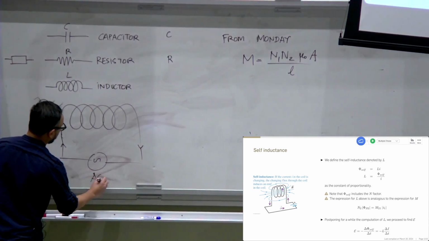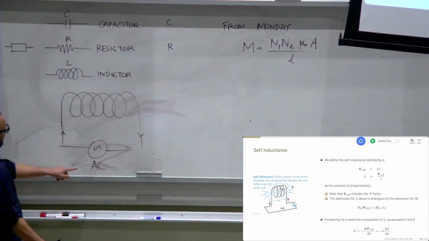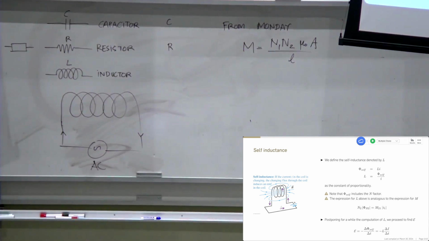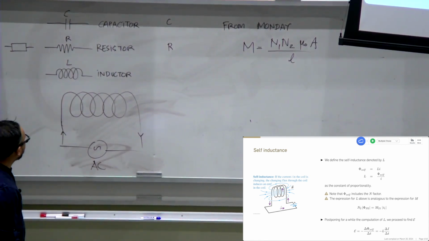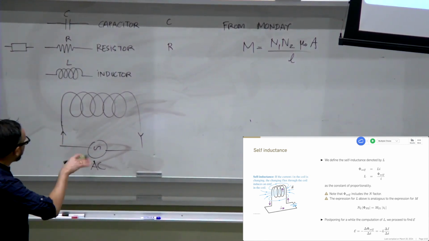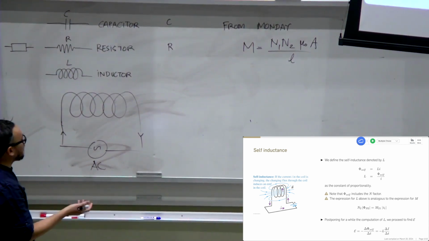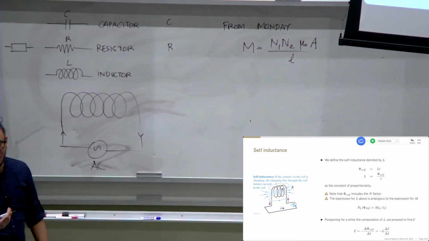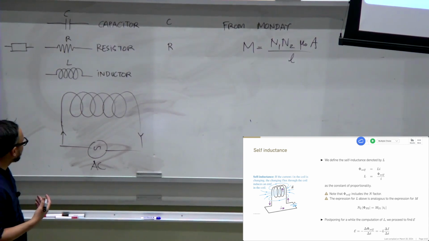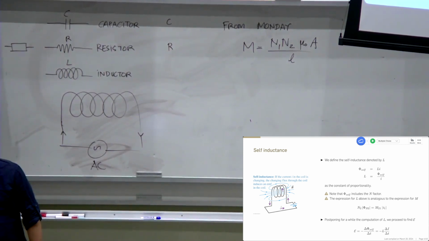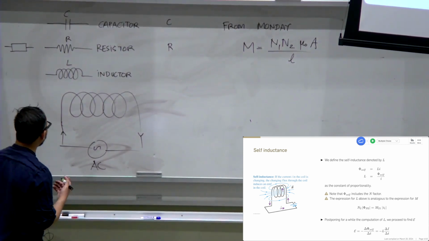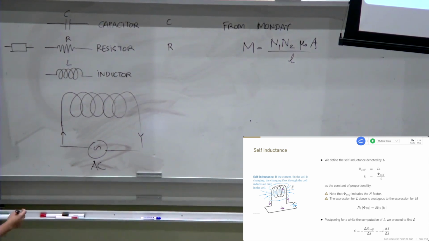This is the symbol for an AC power supply. So it turns out that everything that we did on Monday applies, but the changing magnetic flux can affect itself. I don't know what is a good analogy. If you can come up with some analogy, you can share it with me.